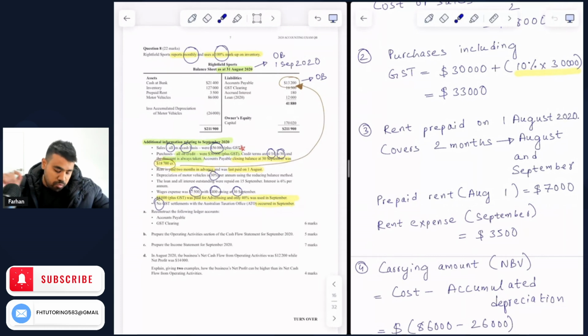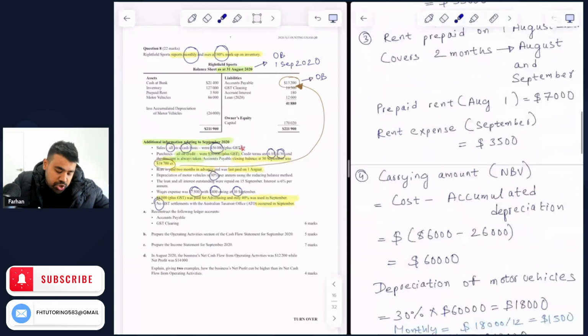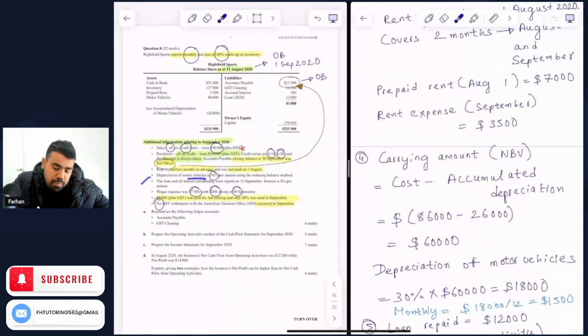All right, so let's move on to additional information number 4. Depreciation of motor vehicles is 30% per annum using the reducing balance method. All right. So because we are using the reducing balance method, we want to first find the carrying amount or the net book value. Okay.